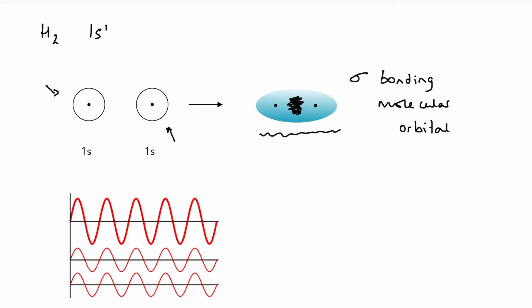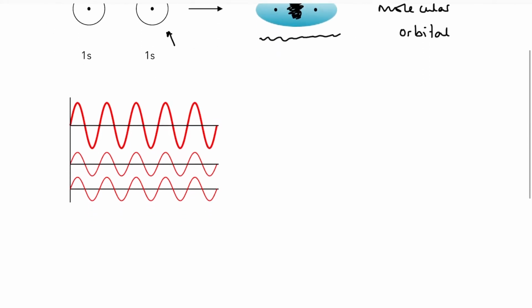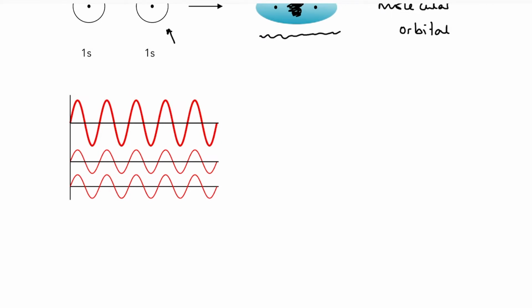Now, this particular bonding molecular orbital is the result of combining our atomic orbitals in phase. So what do I mean by that? Well, we need to remember that atomic orbitals are wave functions. And like all wave functions, if we were to combine two waves, we could either combine them constructively or destructively.